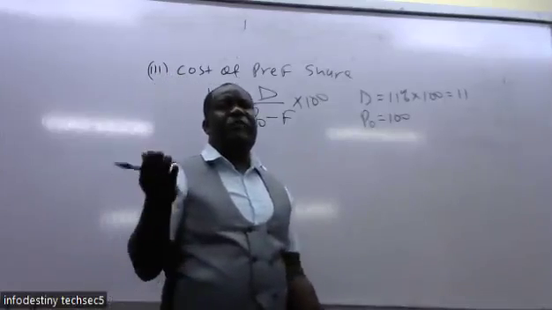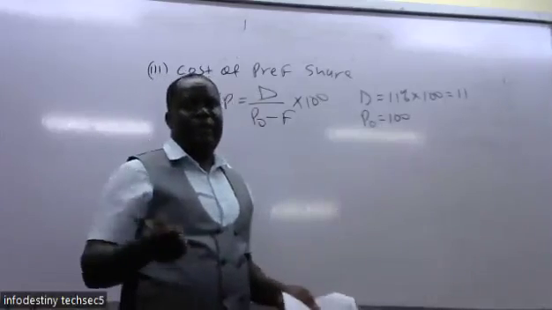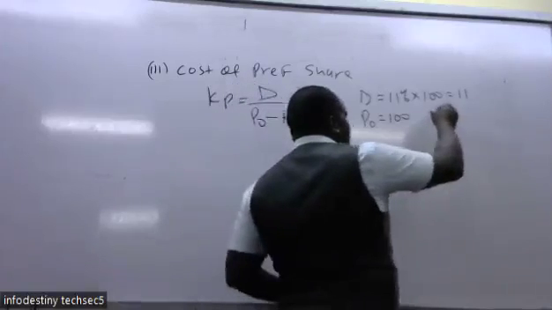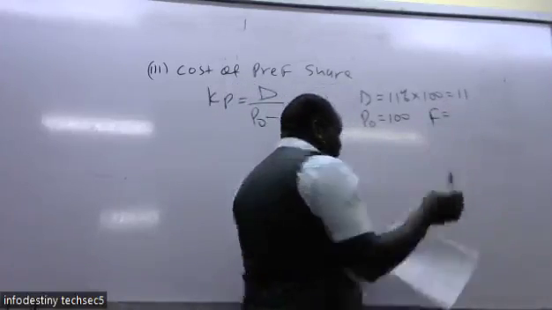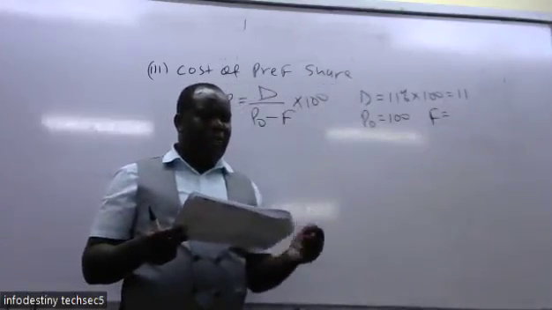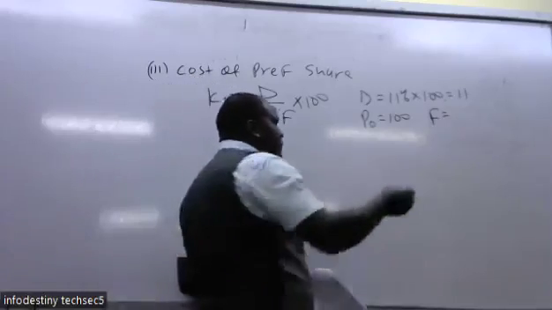But some questions will give you a different figure. If they give you a different figure, you use that figure as our P0. Then they have also given you F as the flotation cost, where they have said that it will be issued at par subject to a flotation cost per share.